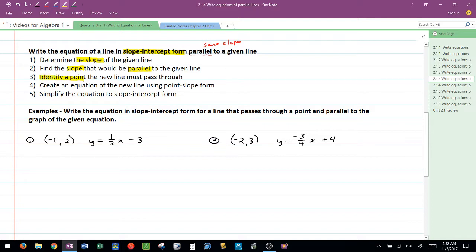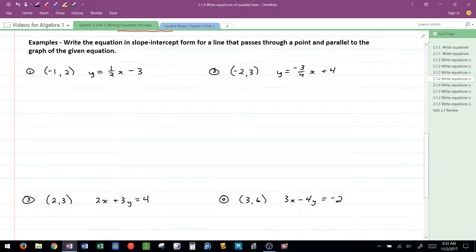Second thing, we're going to identify a point, just like we have before. So once again, once I have this slope, which we're going to call the parallel slope, and once I have this point, x1, y1, then I can plug it into point-slope form, and then in two steps change it over to slope-intercept form. And slope-intercept form is what they want us to write the equation in. All right? So let's take a look at an example.